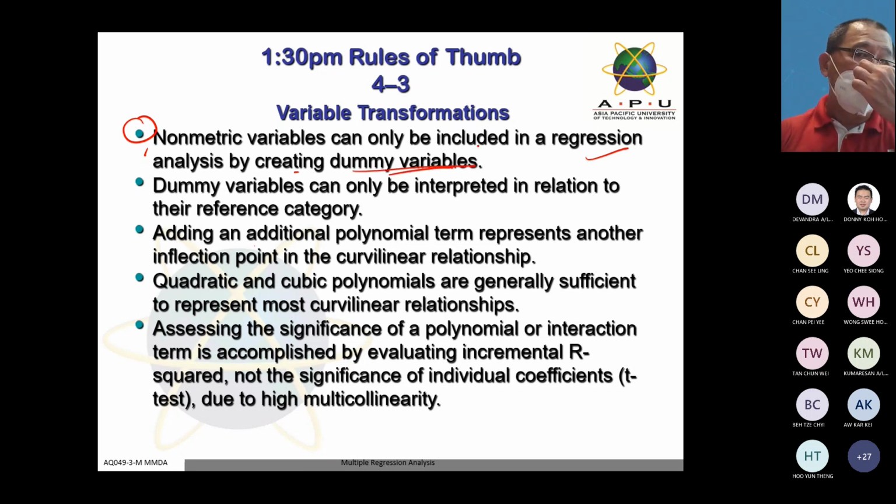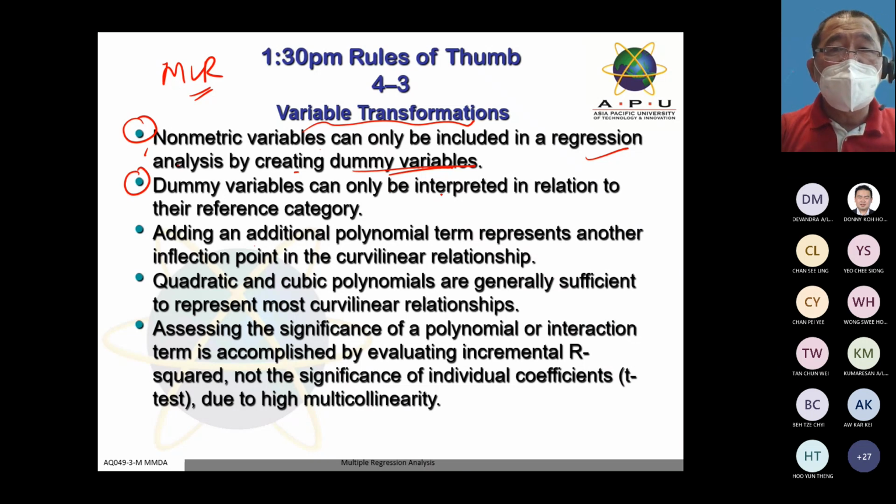This is about variable transformation, meaning you do some adjustment on the dummy variable because it is non-metric. By definition, multiple linear regression is for metric variables, right?